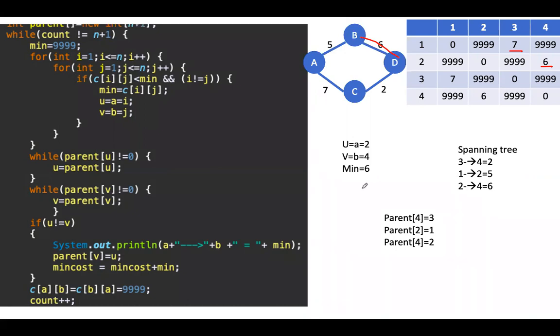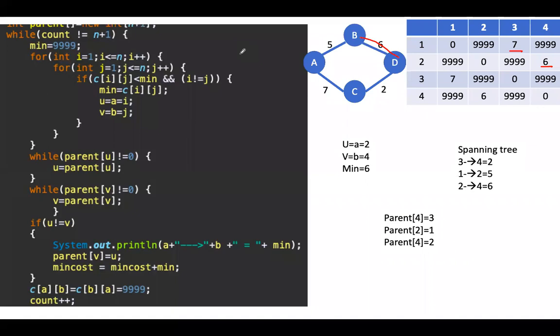Okay, so now count will be 3. Count value will be 3. Next question is whether the for loop is executed one more time or the algorithm will stop here. What will happen?